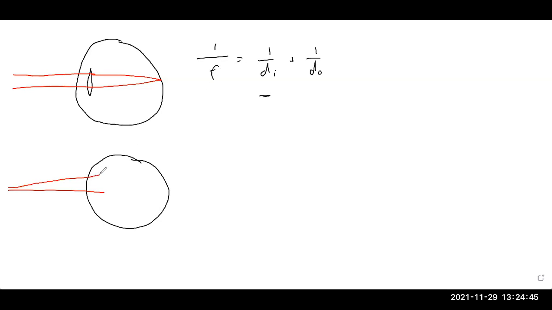The light needs to bend more than it did before. So to make that happen, we actually change the focal length of the lens of our eye.